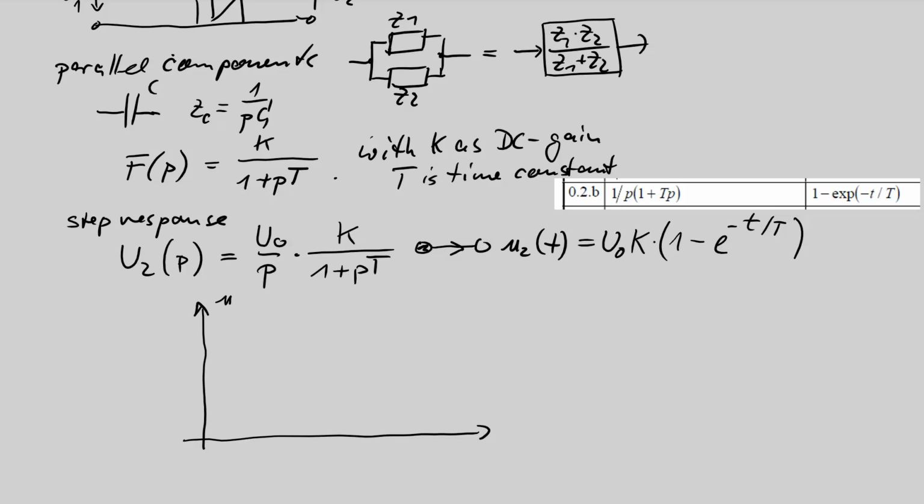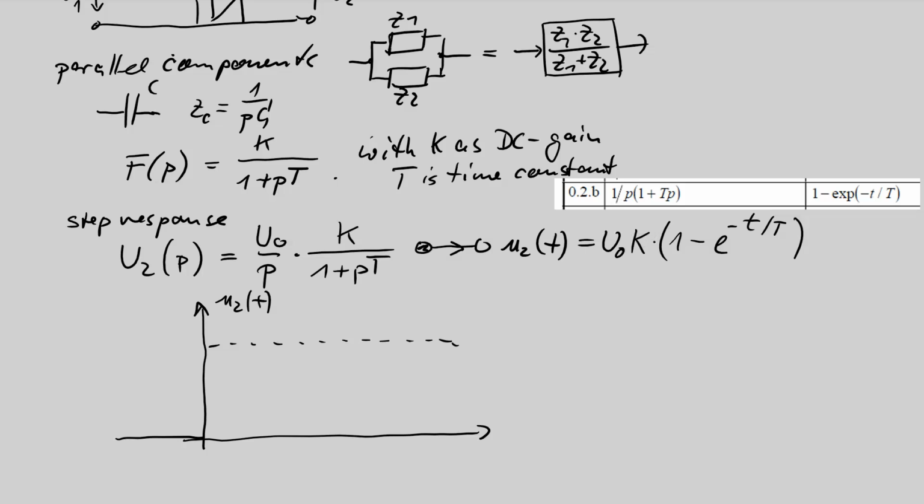Doesn't matter. We just make a quick drawing of the time function U2 of t. If t is very large, e to the power of minus infinity is 0.